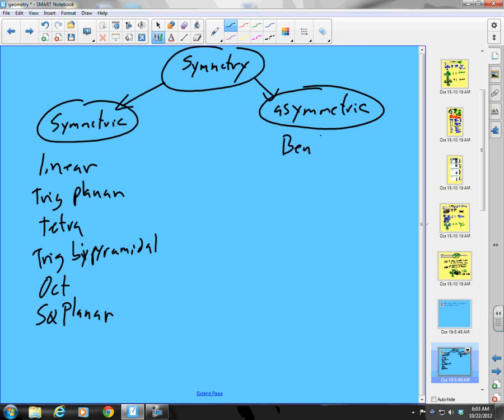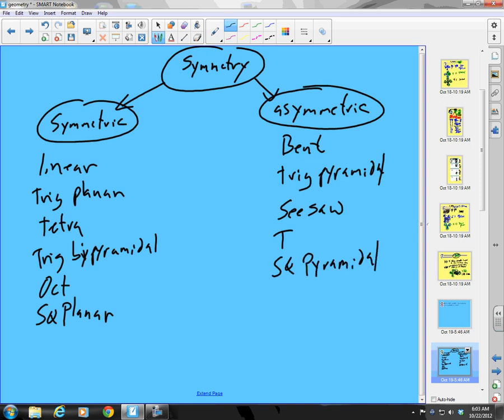Bent, trigonal pyramidal. Let's see, what else? Seesaw, T-shaped. What's next? How about my square pyramidal? Have I covered all those?